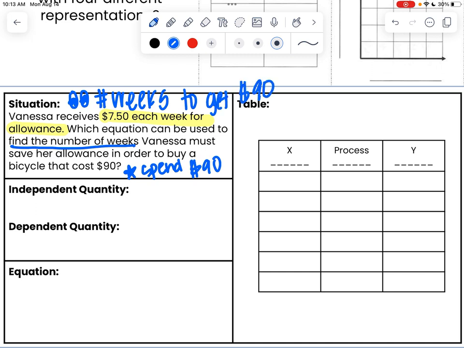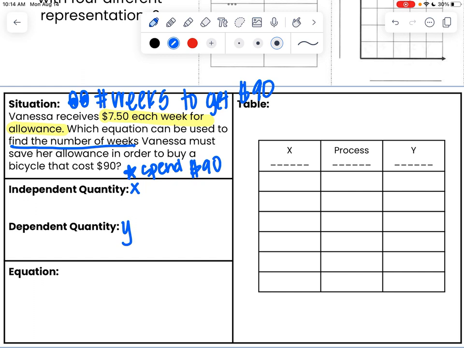And we have some different parts of our paper that's going to help us. We have an independent and a dependent quantity, and I know that independent is represented with X, dependent is represented with Y. We have a table, and then we have an equation. With our independent and dependent quantities, I know I'm talking about two things. If I'm Vanessa, I'm thinking about my money and the number of weeks it's going to take me. So we have weeks and we have money.